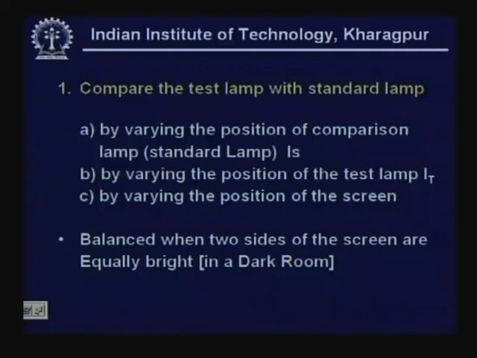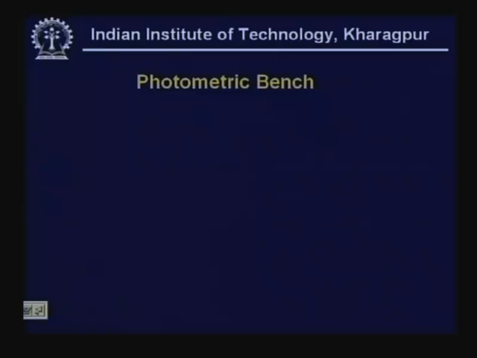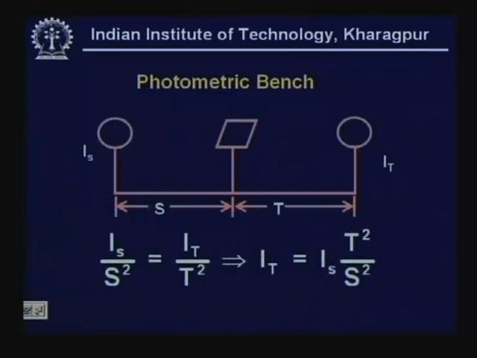Of course, some of us have done some of these experiments using photometric benches in school physics classes on light experiments. Here is a picture which shows the arrangement for a photometric bench. In the first method, on a single bench, both the lamps are located simultaneously and the photometric head is placed in between them.